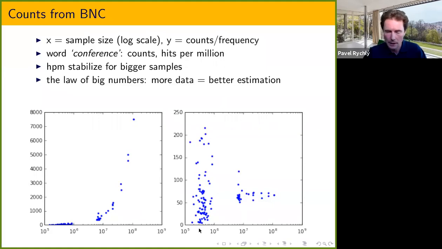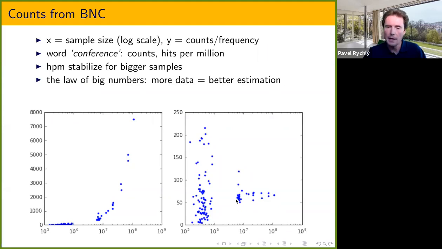We have numbers from, say, around 1, so 1 hit per million, up to about 220 hits per million.